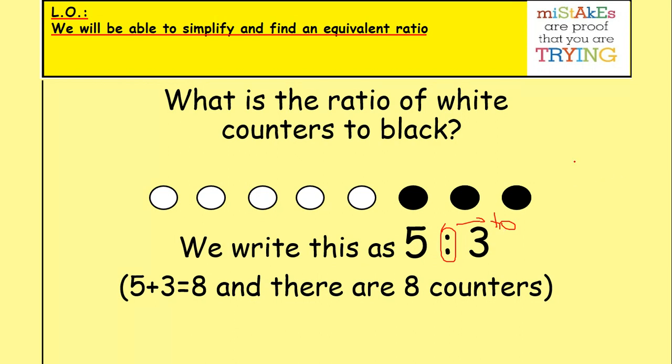If you remember when we talked about proportion, and let's say I ask you what is the proportion of white counters to the total, you're supposed to write 5 out of 8, because the 5 was the white counters, the 8 the total. So don't forget, it's a completely different answer.